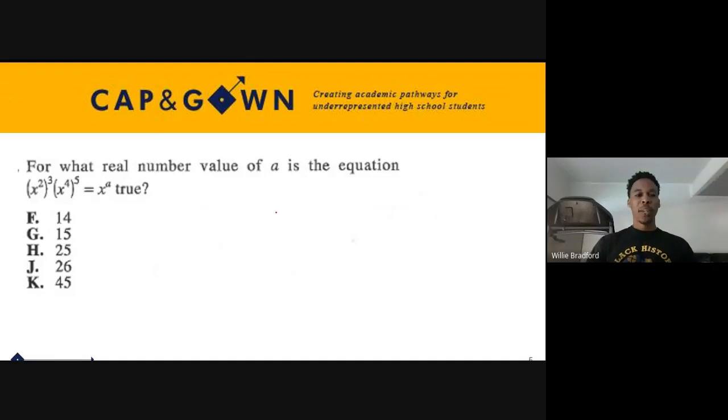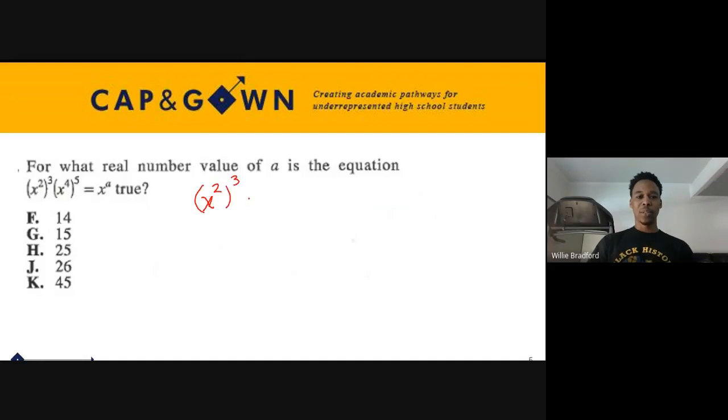For what real value of a is the equation x squared raised to the third power times x to the fourth raised to the fifth power equal to x to the a power? So really we're finding the value of a, since we have the same base. I'm going to rewrite it.